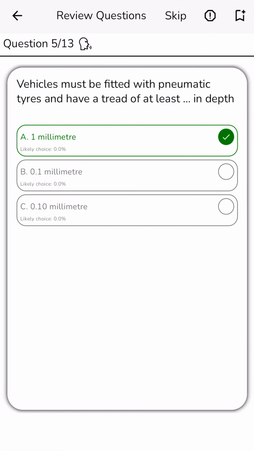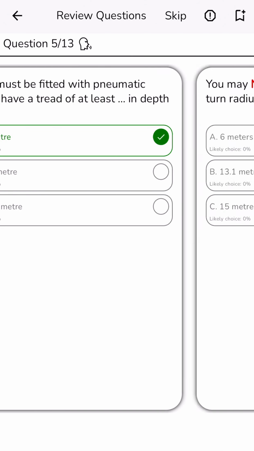Okay, vehicles must be fitted with pneumatic tires and have a tread of at least 1 millimeter in depth, is what we are looking for.